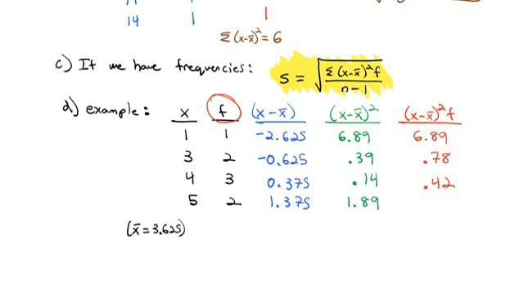And 1.89 times 2 is 3.78. And that's what we want to sum: the sum of x minus x bar squared times the frequency. When we add up that column, you should end up with 11.87.